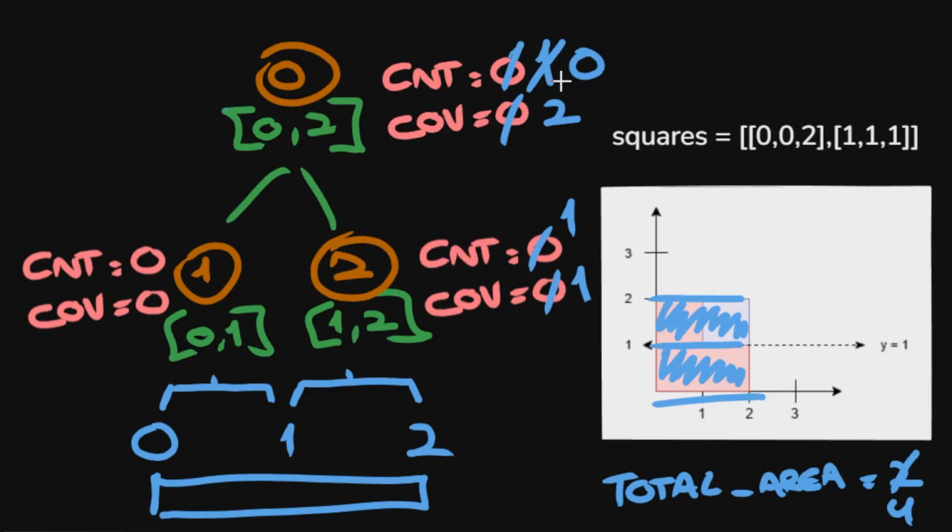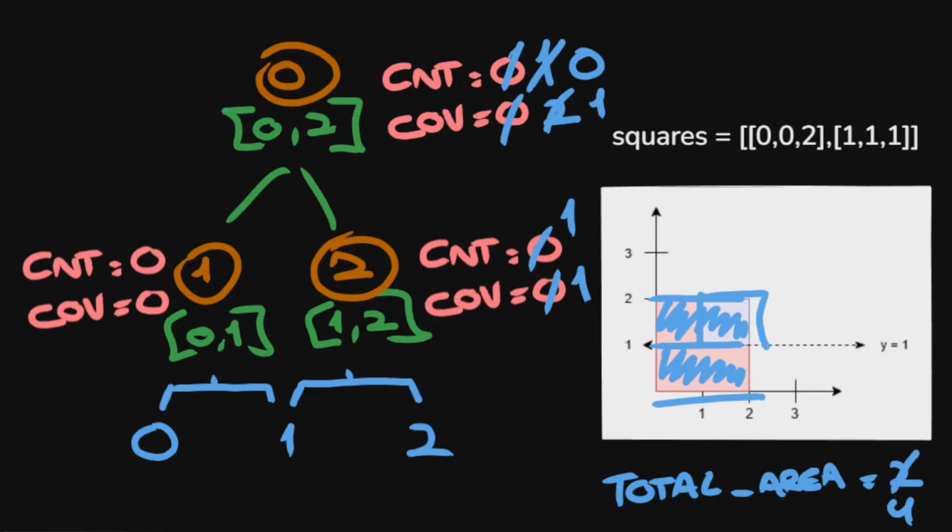This is 0 again. And now the new covered length is given by the sum of covered in the children of this node. So 1 plus 0 is 1. The new covered length is 1. And this makes sense. If we look here, when we remove the big square, now we are left with only the small one. So the covered length here is 1.